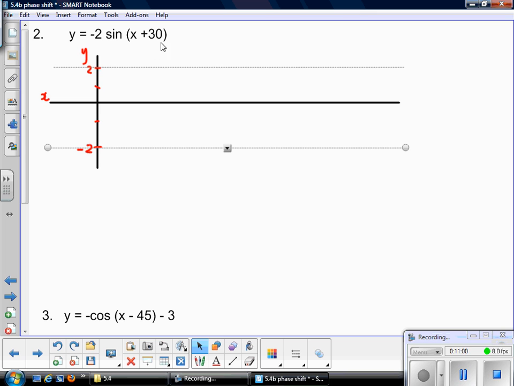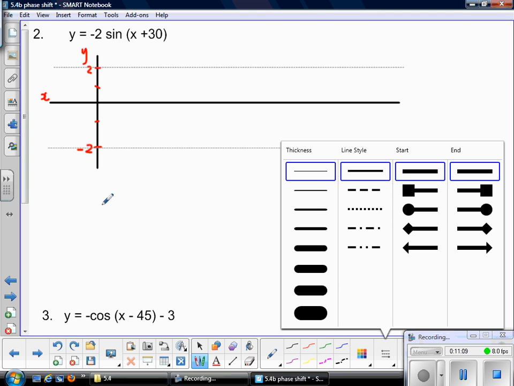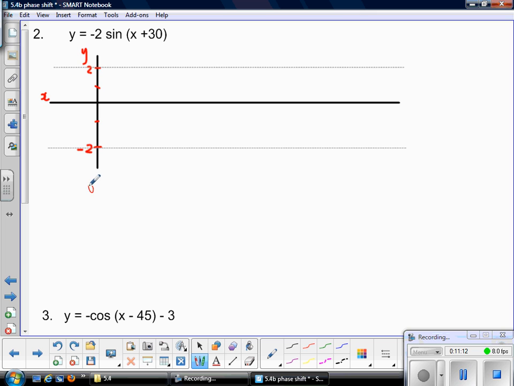The next thing I have to do, this time it says +30, so again I take my important values from before, which was 0, 90, 180, 270, and 360. And because it says a +30, I'm going to subtract 30 from every one of these.